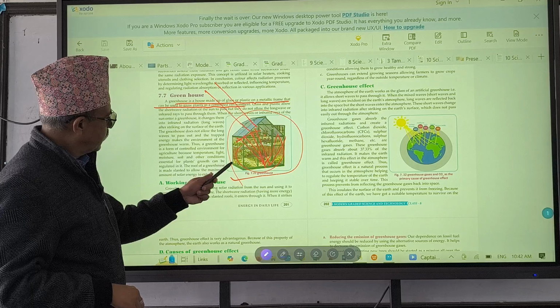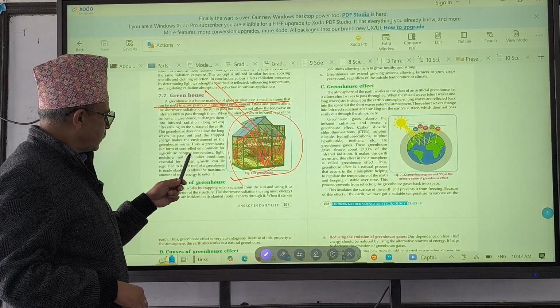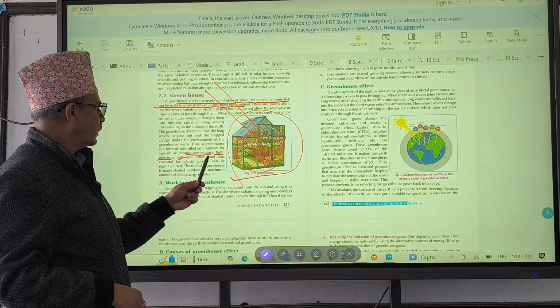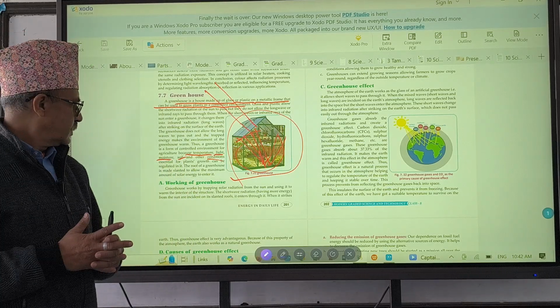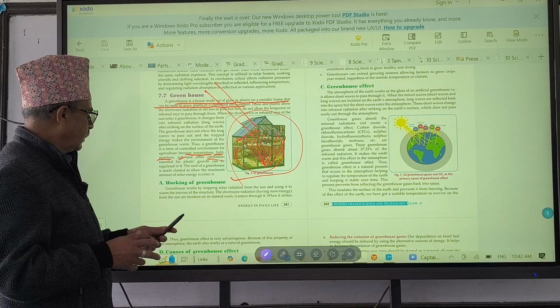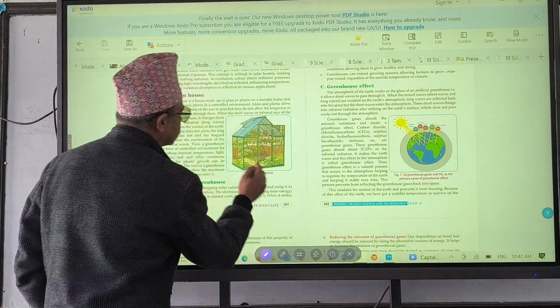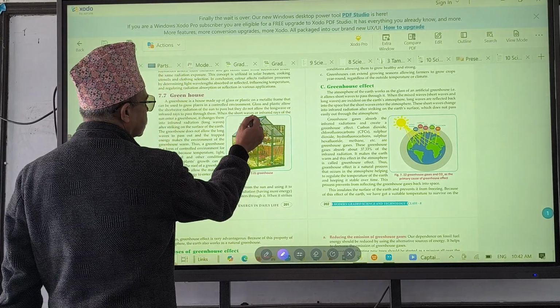So, in a greenhouse, there is controlled temperature, light, moisture, soil and other conditions. They are managed and the plants can grow systematically. And one thing you have to remember, the walls of the greenhouse, especially the roof, is made slanted.